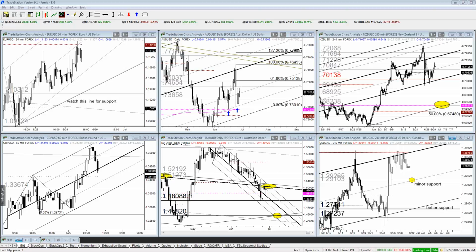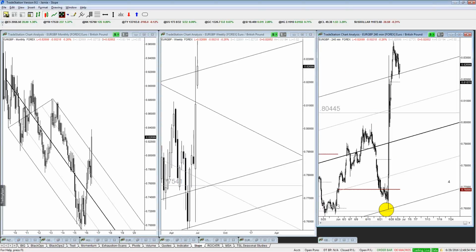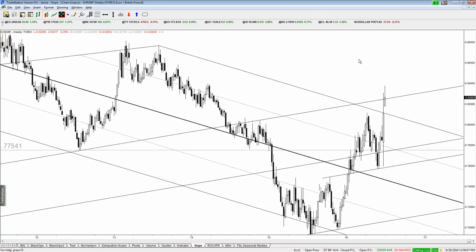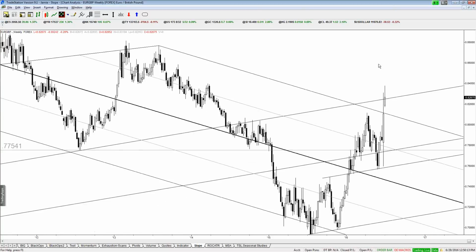Euro pound, Masanori asking. Sure, let's check it out. There were a lot of people right after the Brexit vote, including Citibank, Citi, and a couple people that I know that were real excited to sell this.